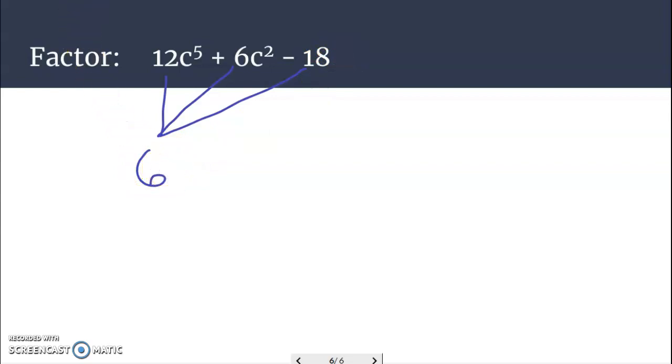But this is how you can show a factoring problem. So we factor out a 6, and you can think of it as dividing out. We'll divide each term by 6. And then whatever's left goes here in the parentheses. 12 divided by 6 is a 2.